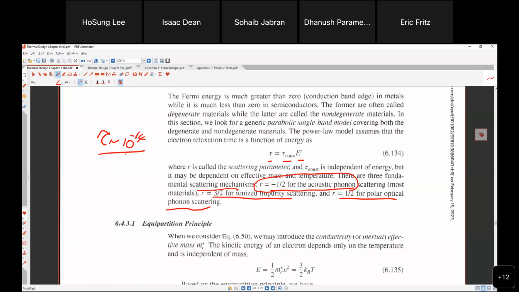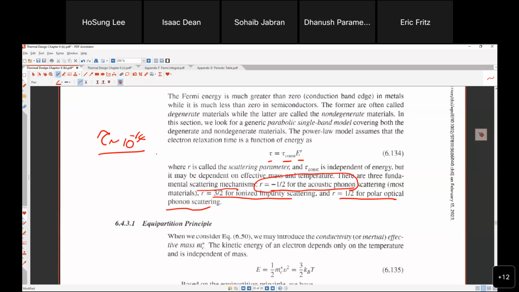So for the electron, I think we showed that the time is so short. Here we'd like to physically understand, because the electrons moving create the electric current. The electrons scatter in such a short time.